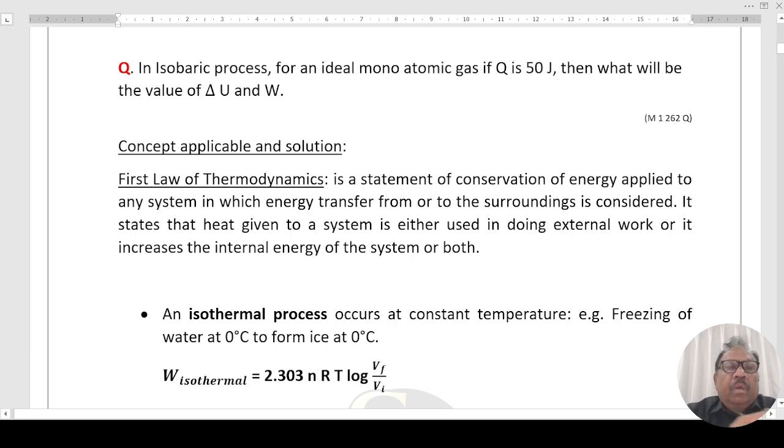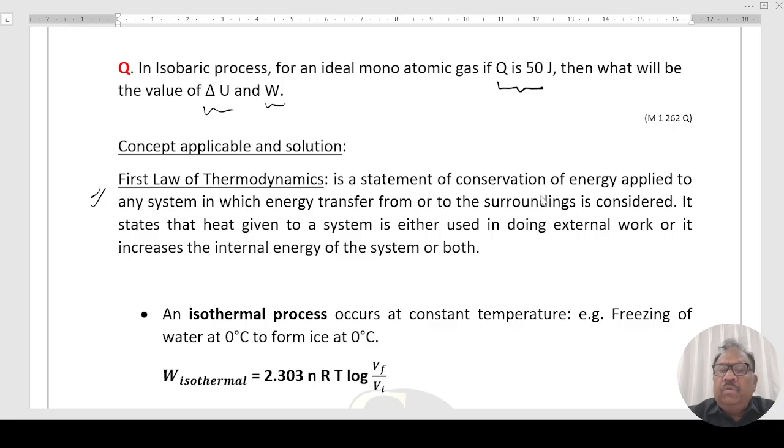The question is: in an isobaric process for an ideal monoatomic gas, if Q is 50 joule, then what will be the value of delta U and W? Concept applicable and solution. What is the first law of thermodynamics?